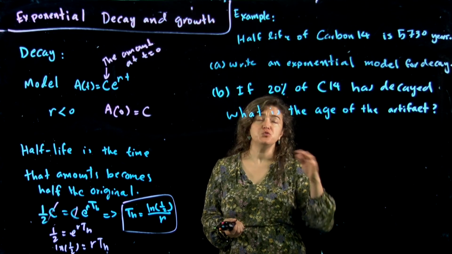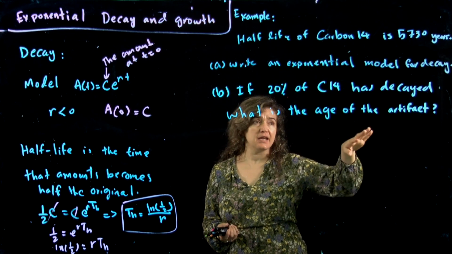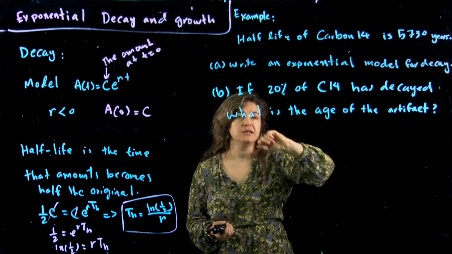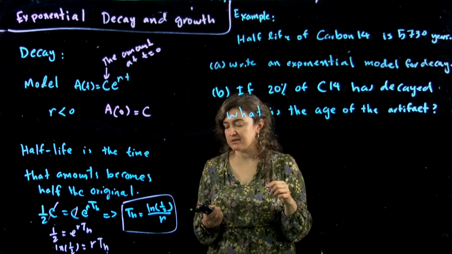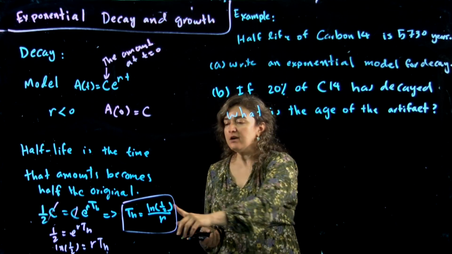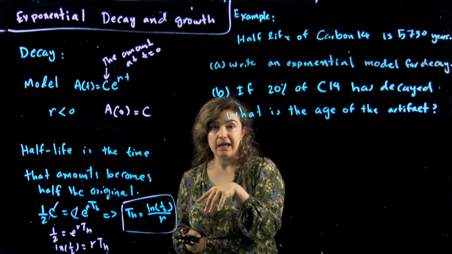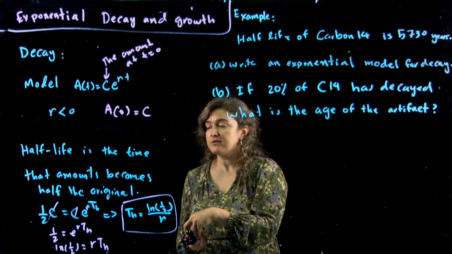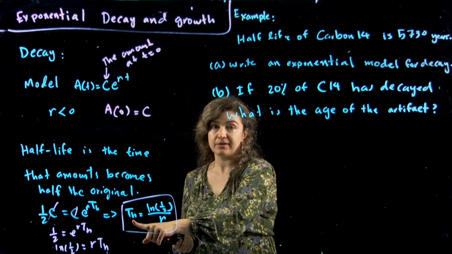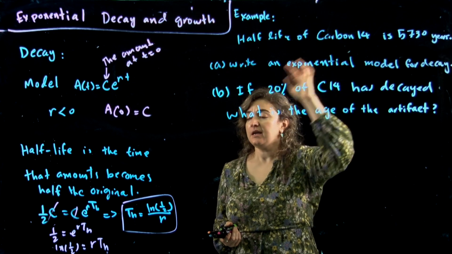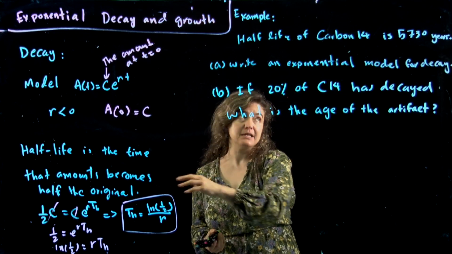Then find, if 20% of the carbon 14 has already decayed, what is the age of the artifact? Over here, I gave you a formula. If you know the rate of the decay, you can figure out what the half-life is. In here, the half-life is given, and you want to find the rate of the decay.